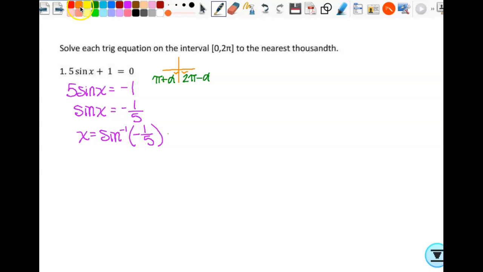Also, in the calculator, even though we are taking the sine inverse of a negative number, you always use positive numbers in the calculator.